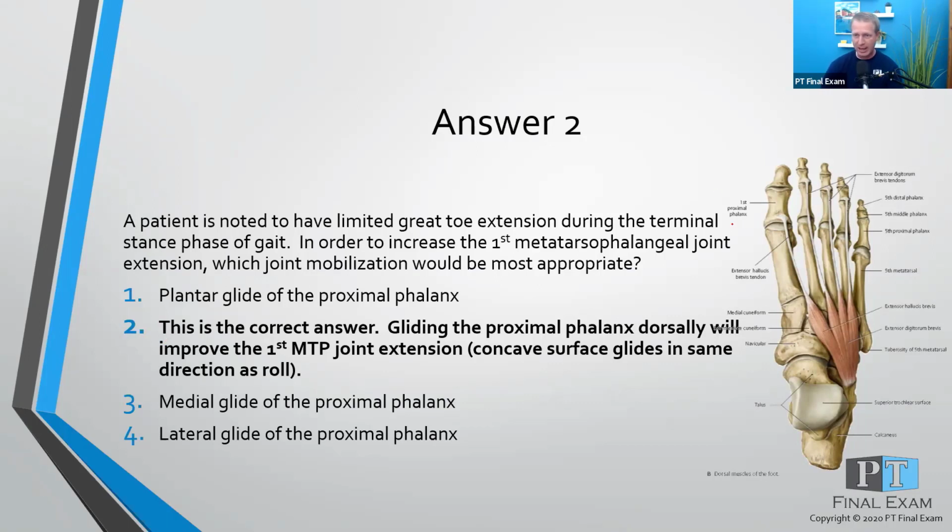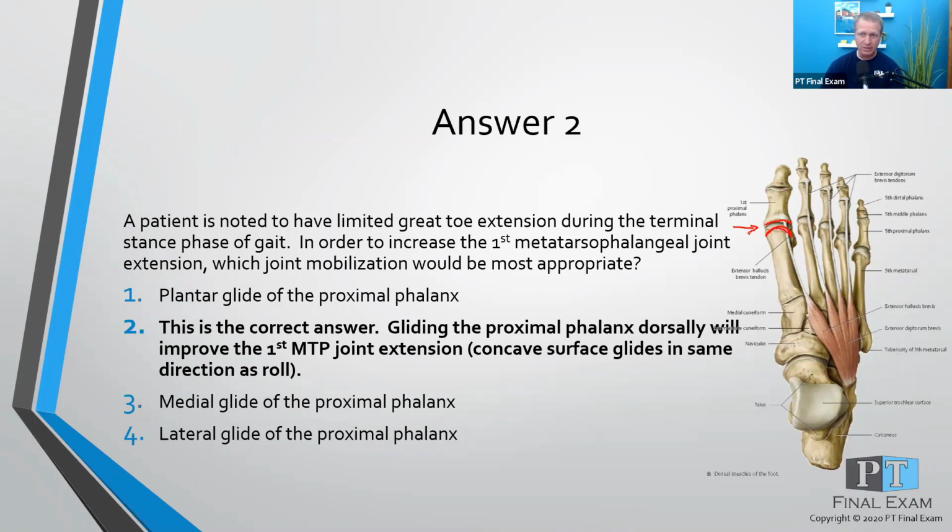If you were to look at the first MTP joint, so the big toe, you would see that the distal end of the metatarsal is convex, and the concave proximal phalanx is sitting on the metatarsal head, or the convex metatarsal head.